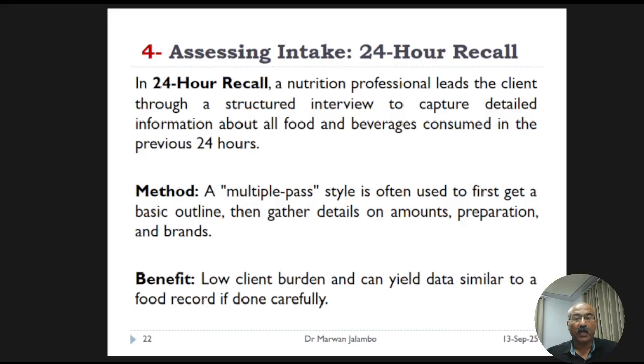The key is to ask neutral, non-judgmental questions to get the most honest report. A well-conducted recall has very low client burden and can provide data that is nearly as detailed as a food record. Each of these methods has its place, so let's compare them directly.